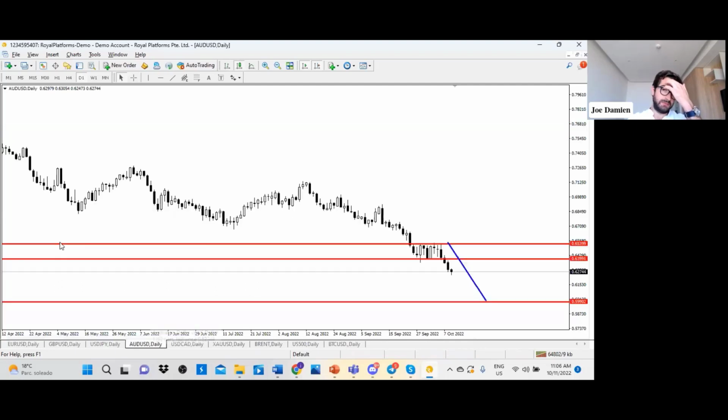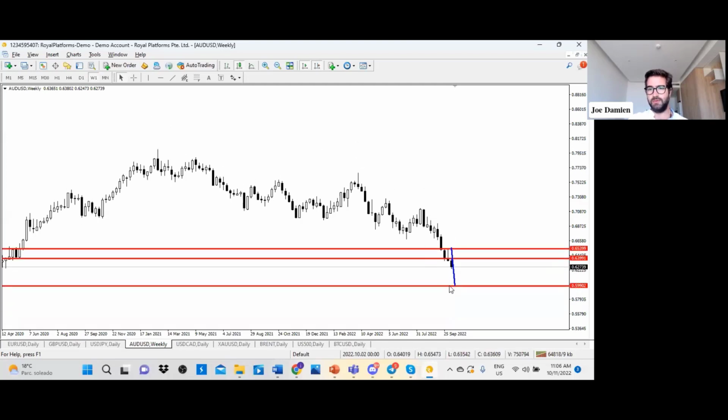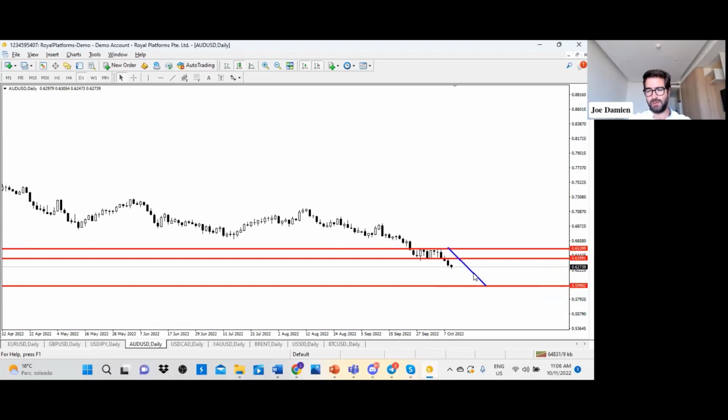Australian USD on the weekly time frame is moving to the downside. So we should look for short-term ideas.